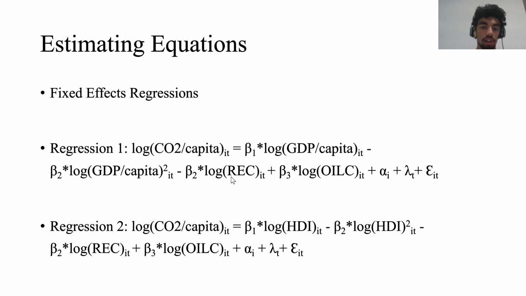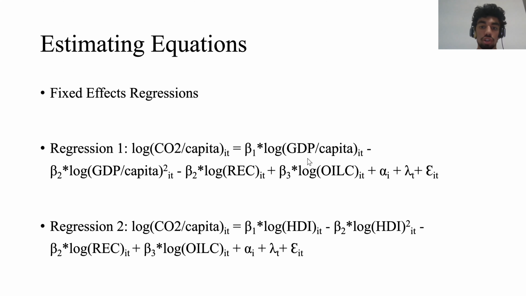Both equations include renewable energy consumption and oil consumption as secondary explanatory variables. Additionally, the alpha i and the delta sub t in each of the equations account for any unexplained variation in the country data and any unexplained variation in the time data, respectively.